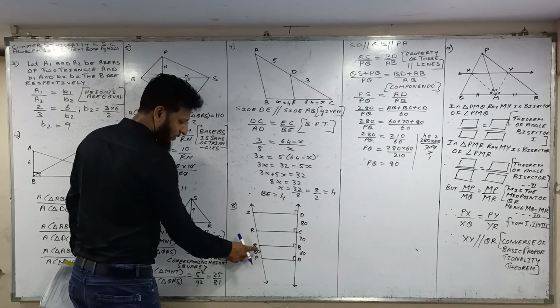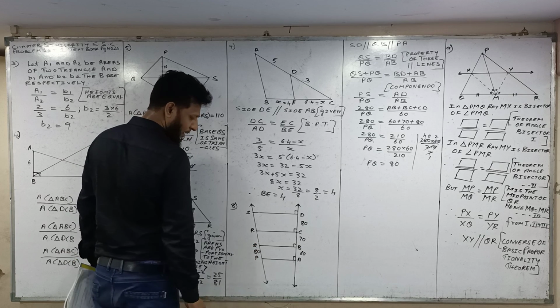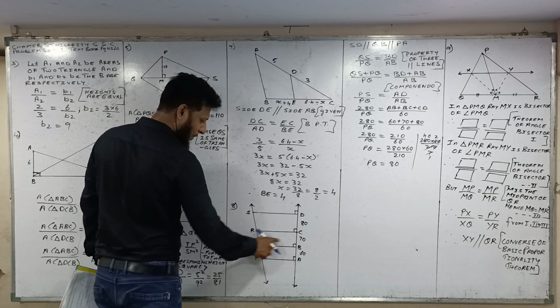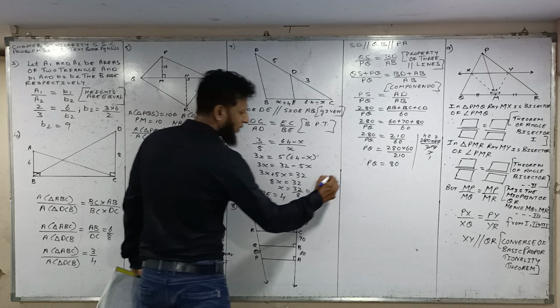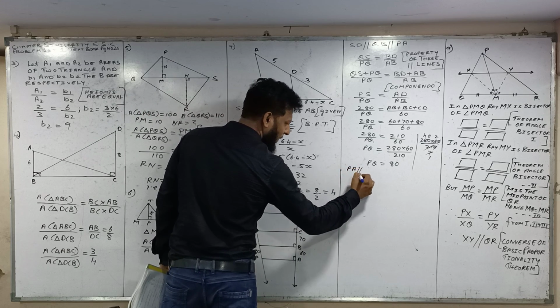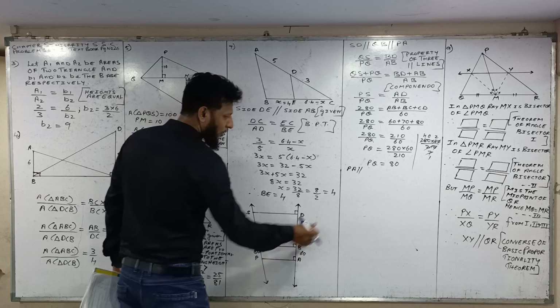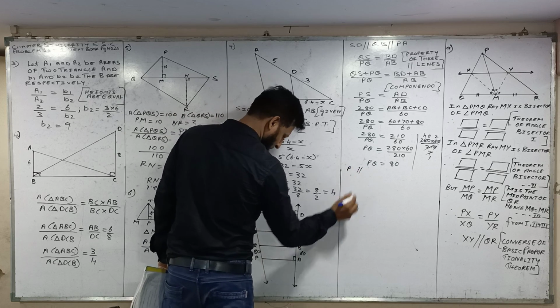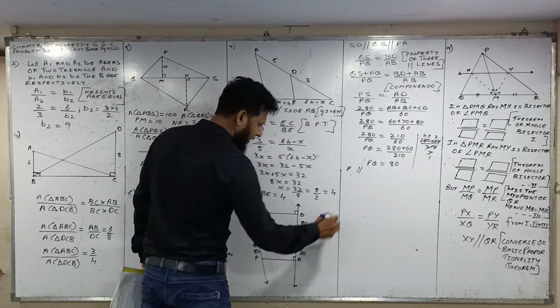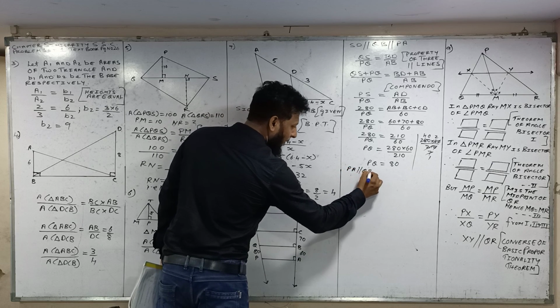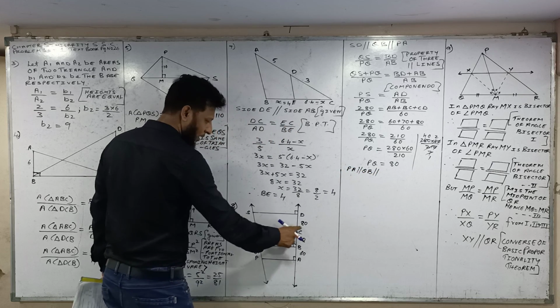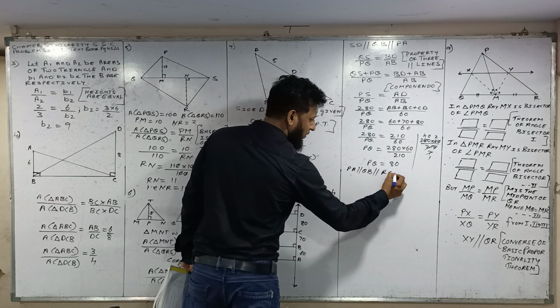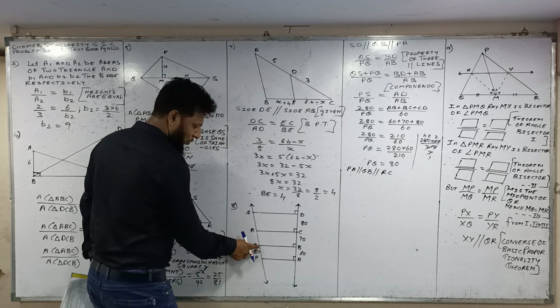So you get the value of PQ. Now take these 3 parallel lines: PA, QB and RC. PA is parallel to QB, parallel to RC. Take these 3 lines as 1, 2 and 3.